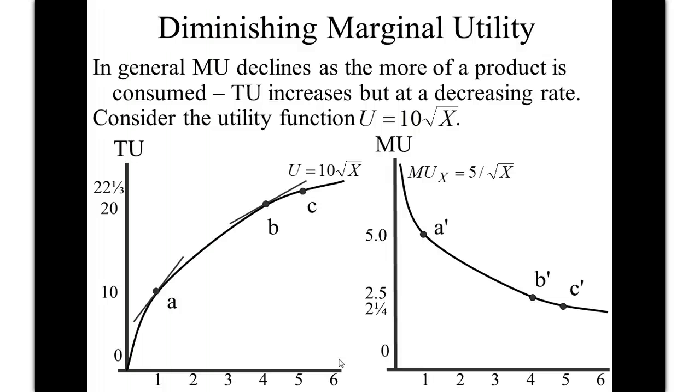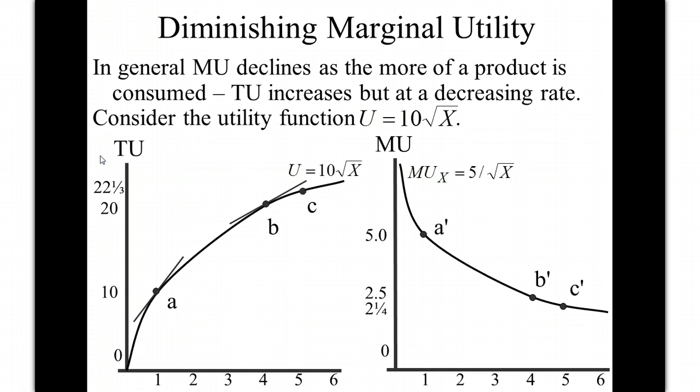When looking at total utility, we narrow it down to 1 good. Unlike with indifference curves, where we had goods on the horizontal and vertical axes, here on the horizontal axis we have quantity. How many units of the good do you consume? 1, 2, 3, 4, 5, 6. And up along the vertical axis, you have total utility. How much extra utility do you get?